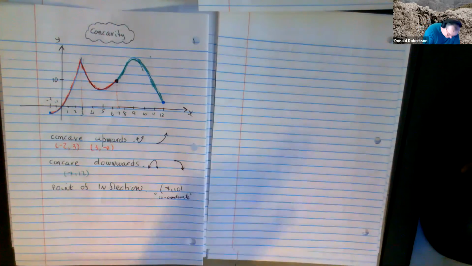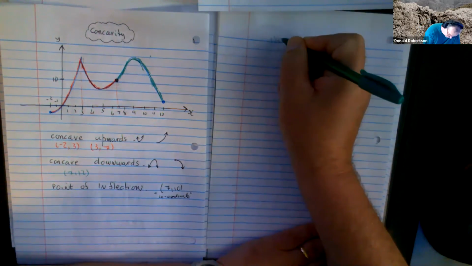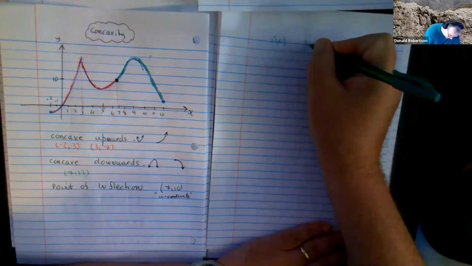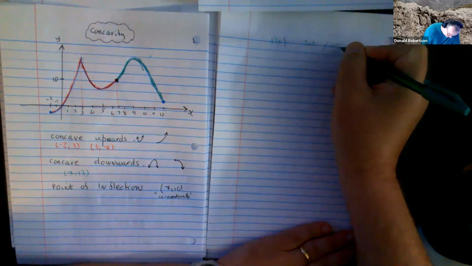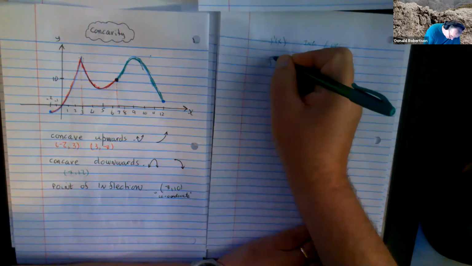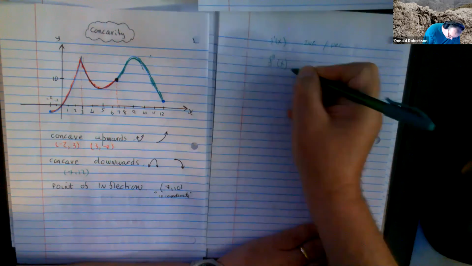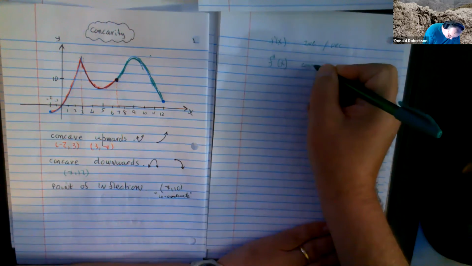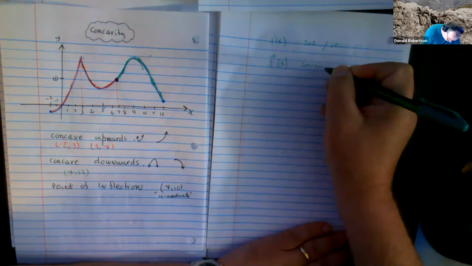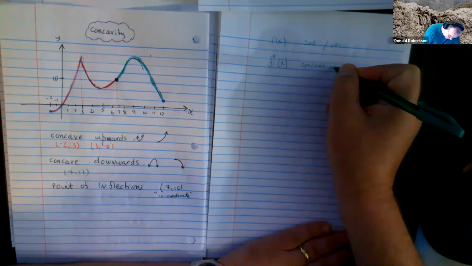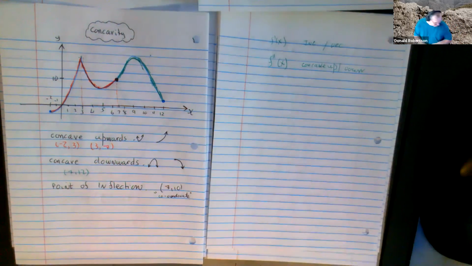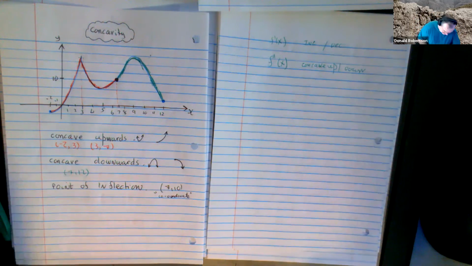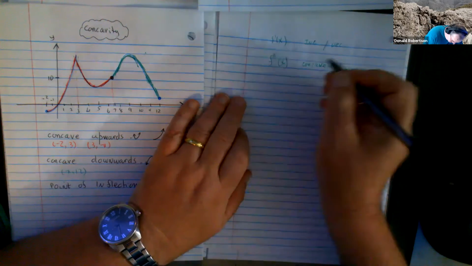Now, if the first derivative tells us increasing and decreasing, would it surprise you that the second derivative tells us about concave up and concave down? And it does. So here it goes.